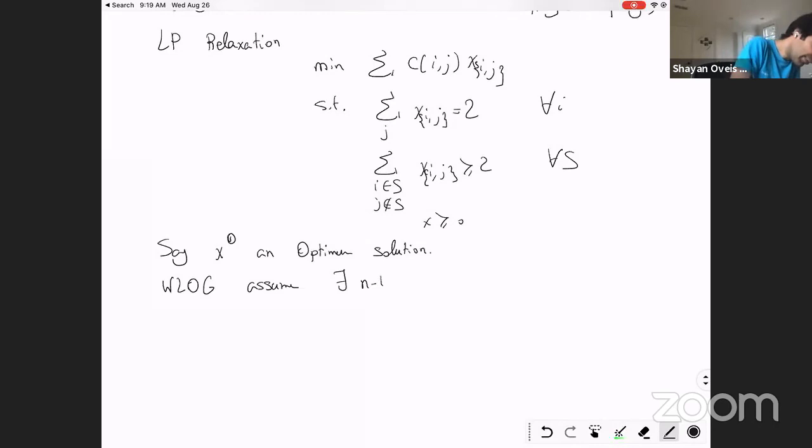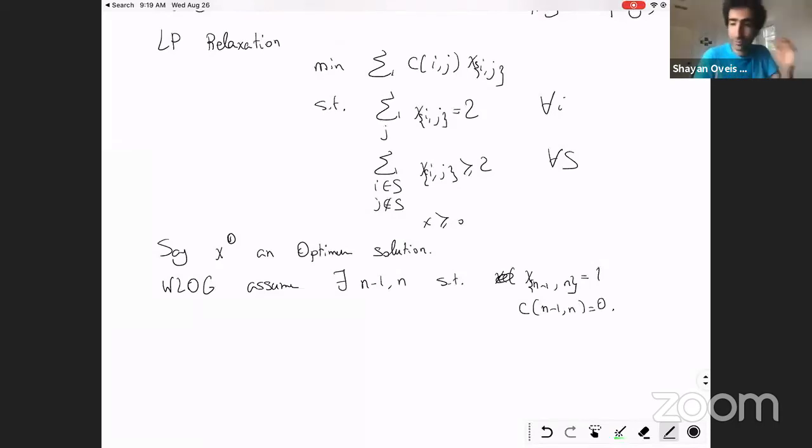Let's call them vertices n-1 and n, such that x of (n-1, n) is 1, and c of (n-1, n) is 0. So there are two vertices at distance 0, and the x of the edge between them is 1.